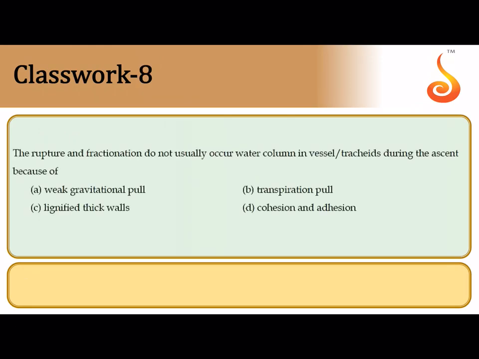The rupture and fractionation do not usually occur. That means for the water that is passing through the xylem, there is no formation of bubbles, or no breakage of the water column. They're saying that the water column that is passing through the xylem, if you remember, during transpiration, water passes as a continuous column up the xylem vessel.